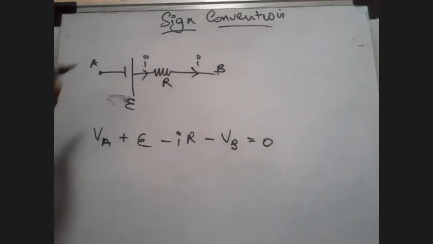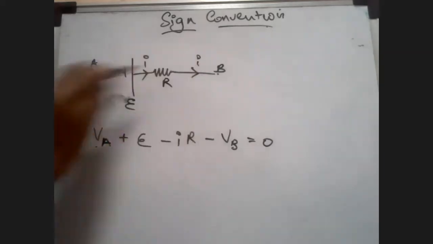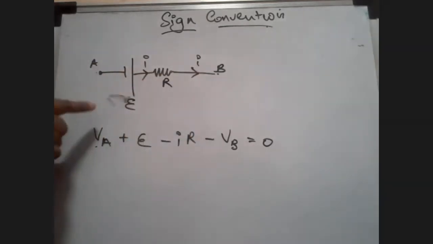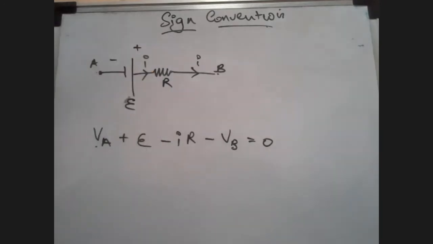Okay, so what did I do? This is the potential at A, VA. While going towards the direction of the current, if my battery is placed like this, negative terminal here, positive terminal here, I will take it to be positive epsilon. I'll take it to be a positive EMF.